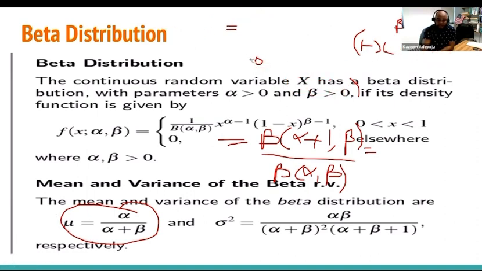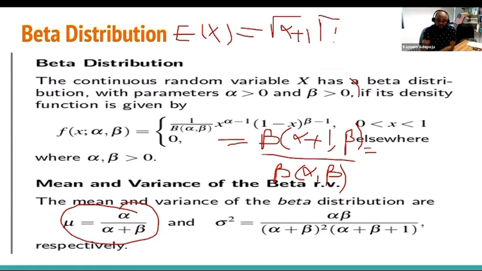What I'm trying to tell you is the expected value of x is going to be gamma(alpha plus 1) times gamma(beta), divided by gamma of alpha plus beta plus 1, now divided by B(alpha, beta).